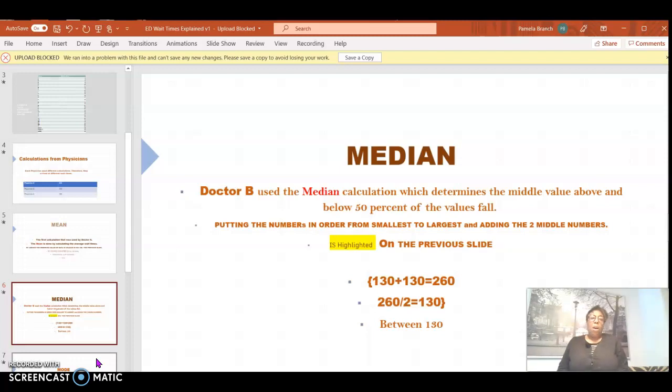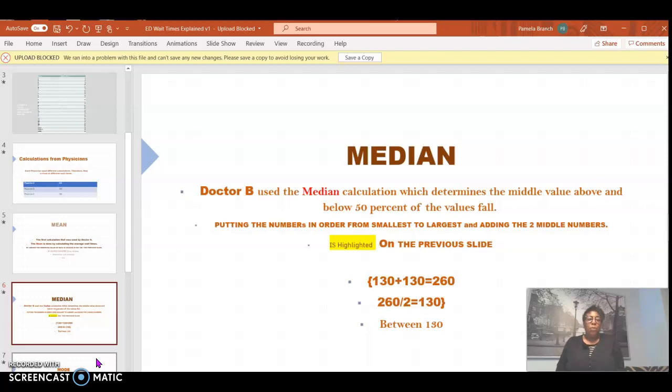So on the slide that I mentioned before with the patients and the minutes, if you take a look at that handout, I highlighted the two midpoint numbers on that slide, which were 130 above and 130 below. We added those two numbers, and it equaled 260 minutes.